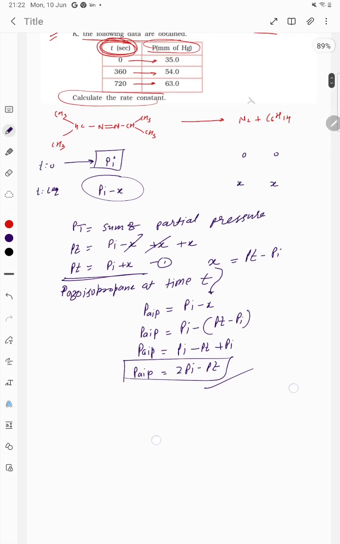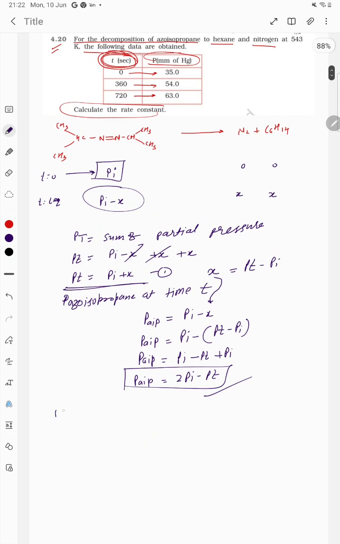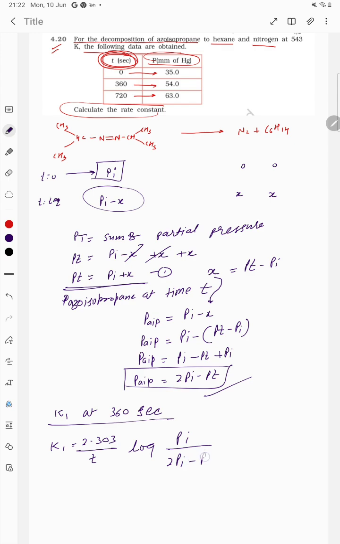So you can put the values into the equation. Calculate K1, the rate constant at 360 seconds. K1 is equal to 2.303 upon t, log Pi upon 2Pi minus Pt.